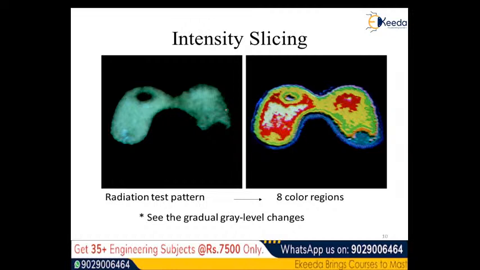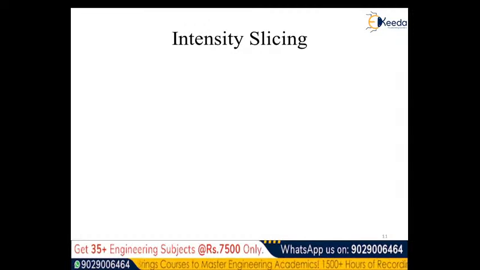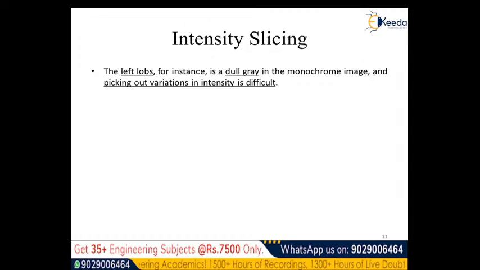Now more information with respect to the input image, which is a Picker thyroid phantom. The left lobes of the instance here, we visualize with a dull gray color in the monochrome image, and picking out variations in the intensity is quite difficult here.